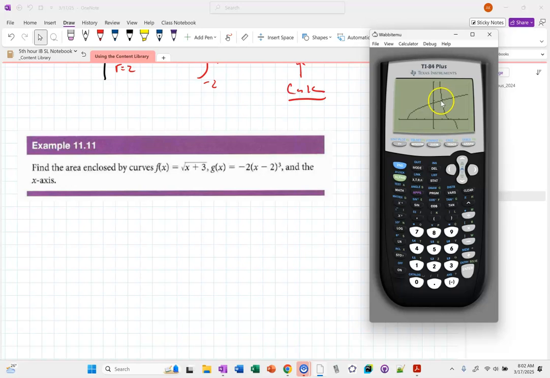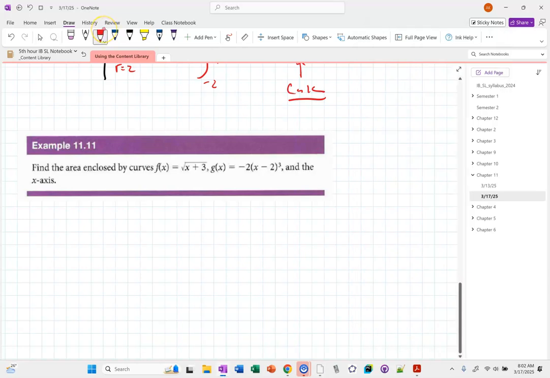So I can say, okay, well, this is going to be the integral from negative 3 to something of f of x dx plus the integral of that something over to 2 of g of x dx.